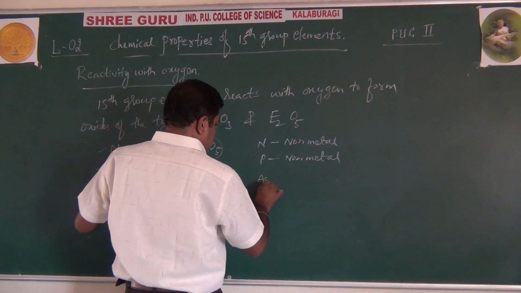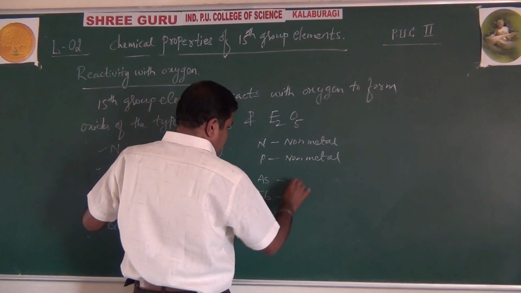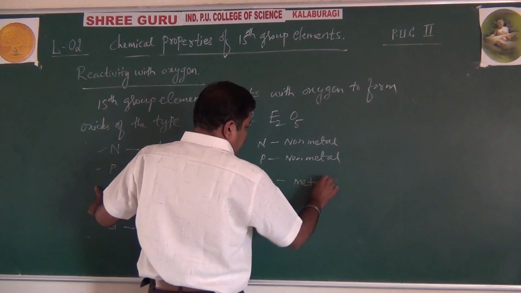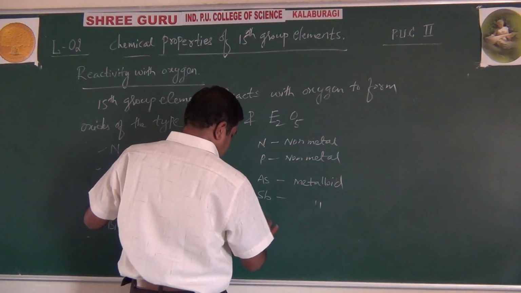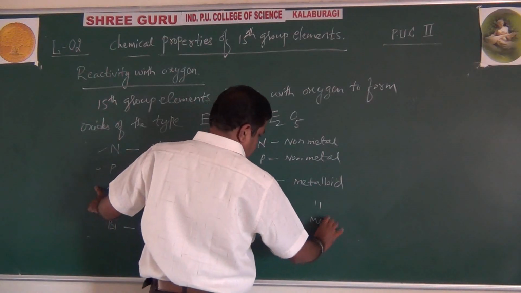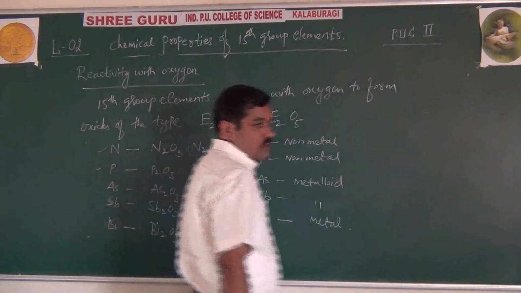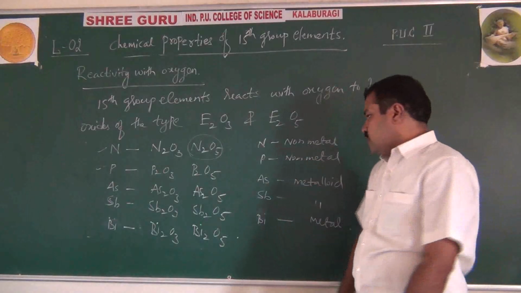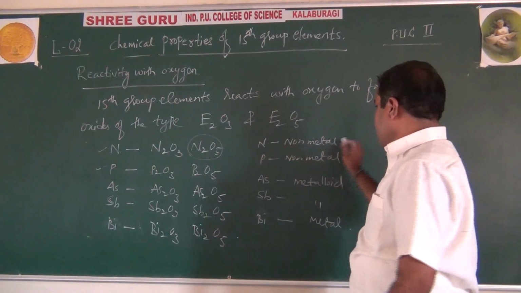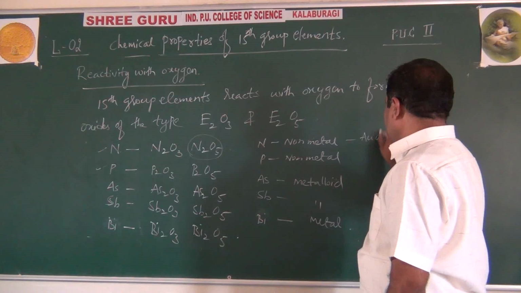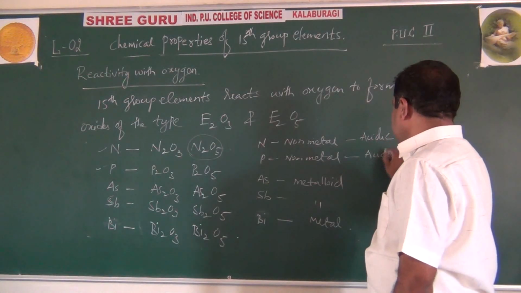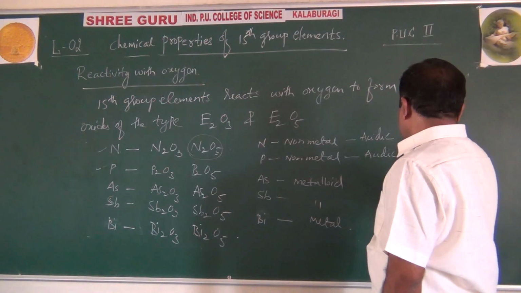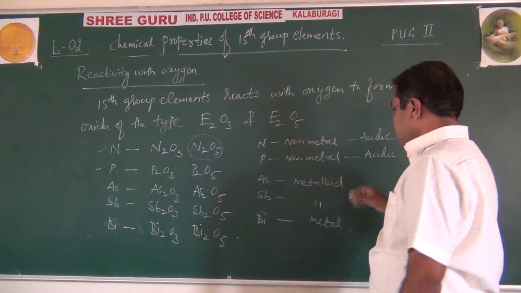Okay. Arsenic, antimony, I already told you, these are metalloid and metalloid. And bismuth, this is a metal. So here, oxides of the nitrogen, they are acidic. They form acidic oxide. Phosphorus also forms acidic oxides.